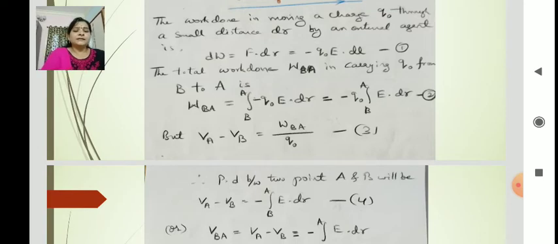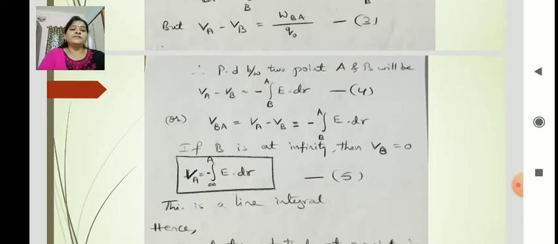But we know that the potential difference is equal to WBA by Q naught. It is the ratio of the work done to the magnitude of the test charge that gives you the potential difference. So the potential difference is written as VA minus VB is equal to WBA by Q naught.